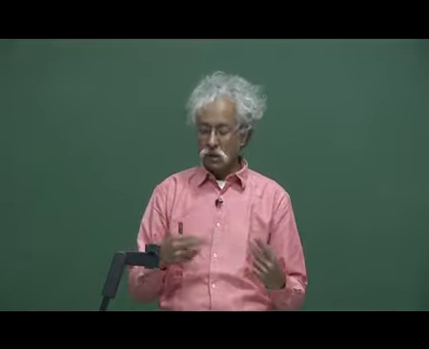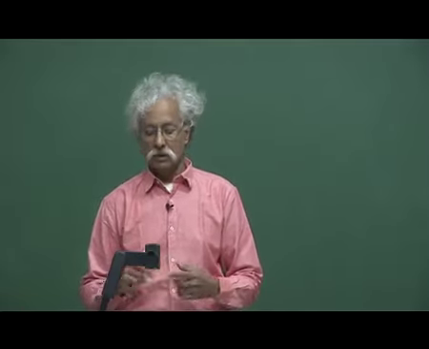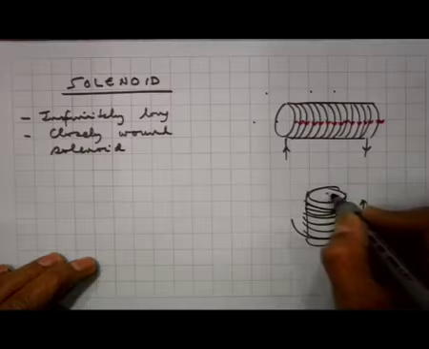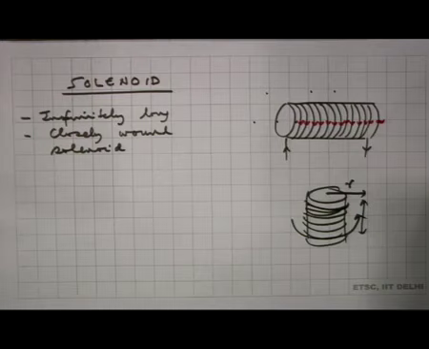That is not true if the coils are not closely spaced, but in the general situation I will assume that the coil is very closely wound, which means that the magnetic field is independent of these coordinates, and so the magnetic field can only depend on the distance from the axis of the solenoid, which I call r. That is the only dependence of the magnetic field.